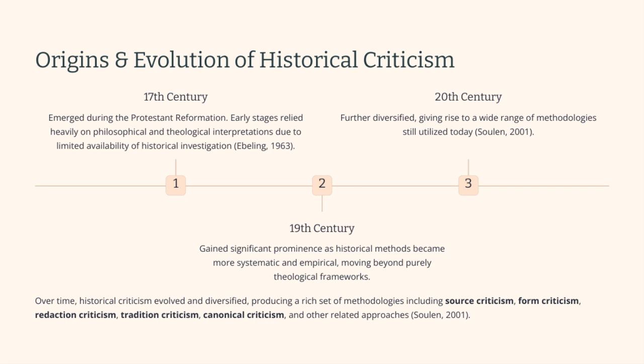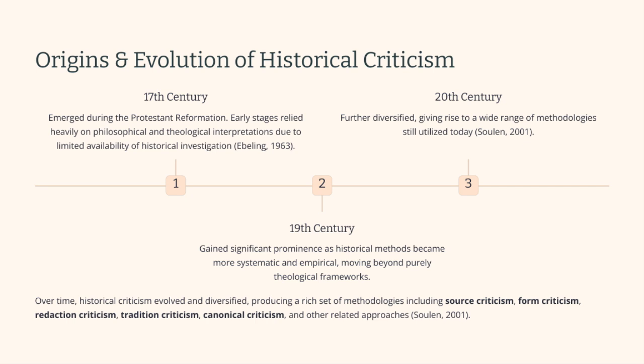During that time, scholars relied heavily on philosophical and theological interpretations, because there was limited access to historical investigations. As we progress into the 20th century, historical criticism really gained prominence. It became more systematic and empirical, moving beyond purely theological frameworks. This shift allowed for a more rigorous analysis of biblical texts, emphasizing historical context and evidence.